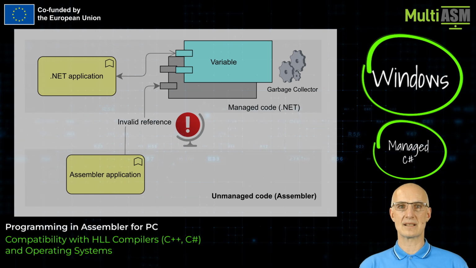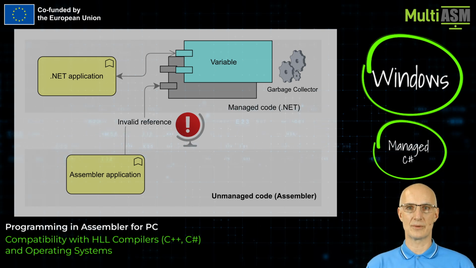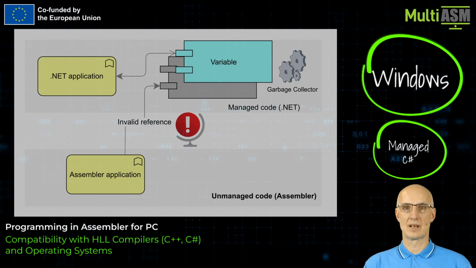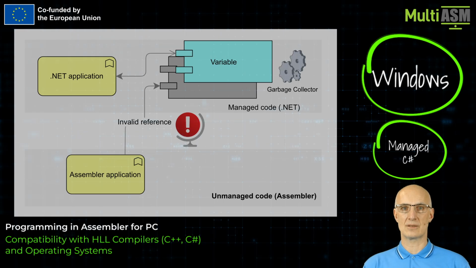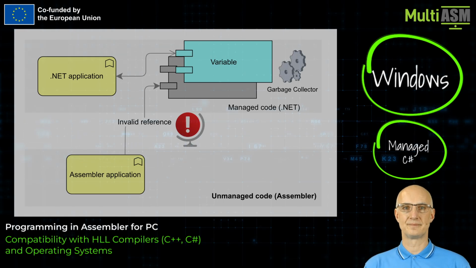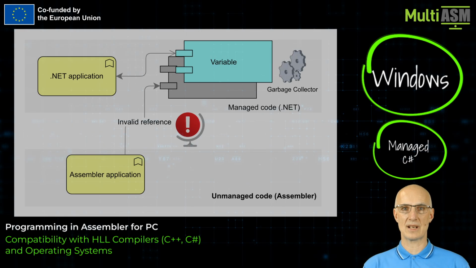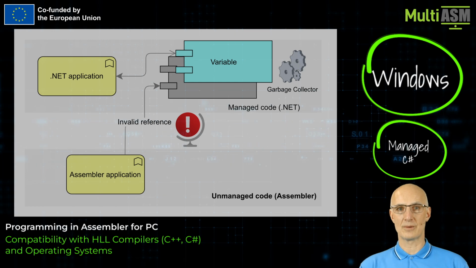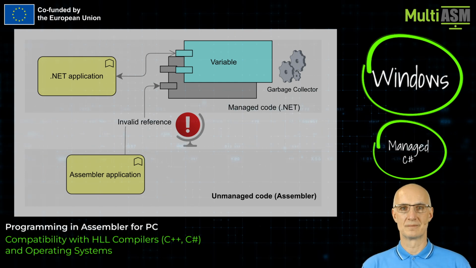When a pointer is passed as an argument to unmanaged code in assembler, the garbage collector can no longer see the reference and thus can free the memory or relocate it without notifying or updating the reference in the assembler. This raises memory access errors on the operating system level, and it's very troublesome to debug and handle because memory allocation and reallocation done by the garbage collector is run asynchronously, and thus errors do not always occur and seem to be random.